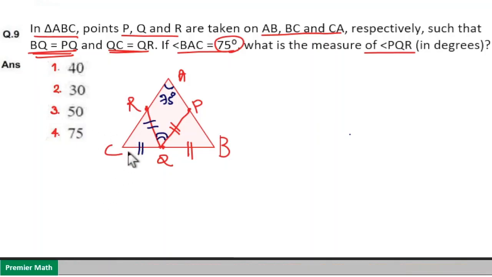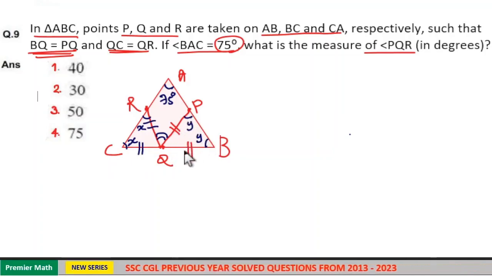Now here in triangle ABC, this is 75. I'll take this angle as X and this angle as Y. Now, if this is X, this is also X. And if this is Y, this is also Y. Because here in this smaller triangle, two sides are equal. Here also in this smaller triangle, two sides are equal. So, these two angles are also equal.